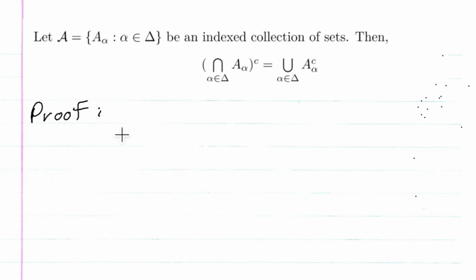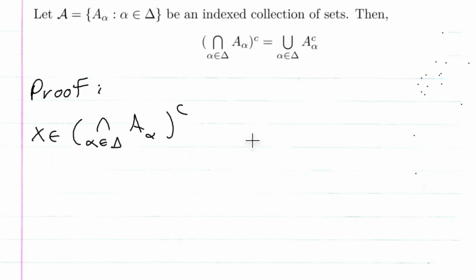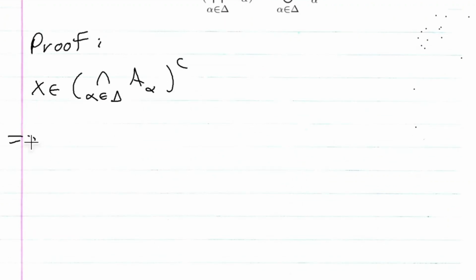So first we're going to start off with X is an element of the complement of this intersection, right? If that's the case, this means that X is not an element of this intersection, right?